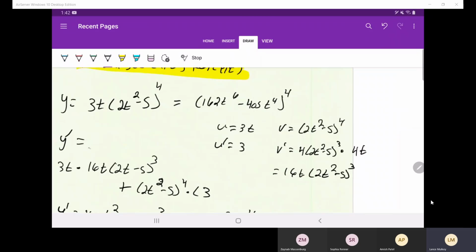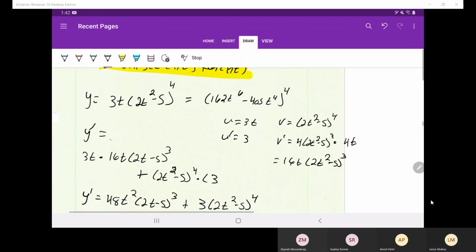Yeah, you could use the general power rule if you fold this out 4 times. You see why chain rule gets helpful when you have powers really high? It gets kind of ridiculous.